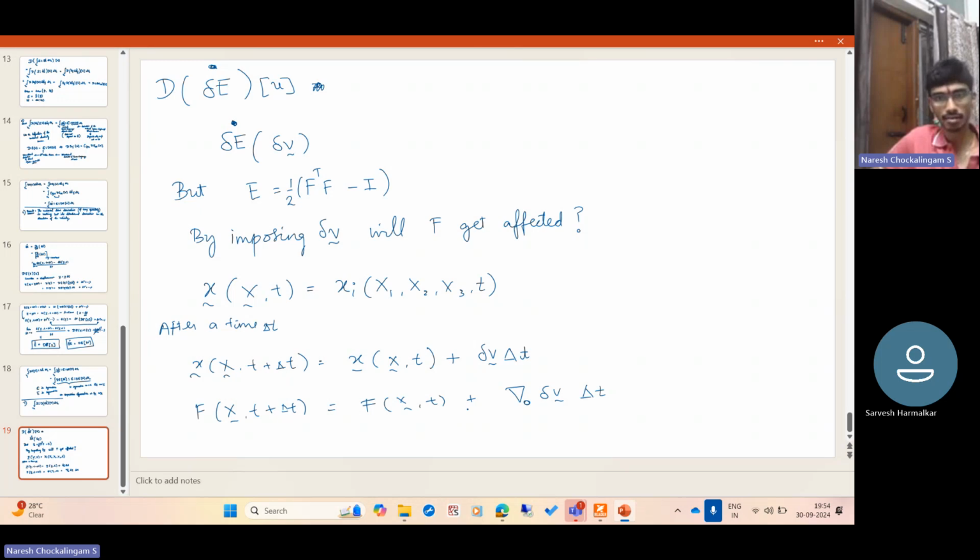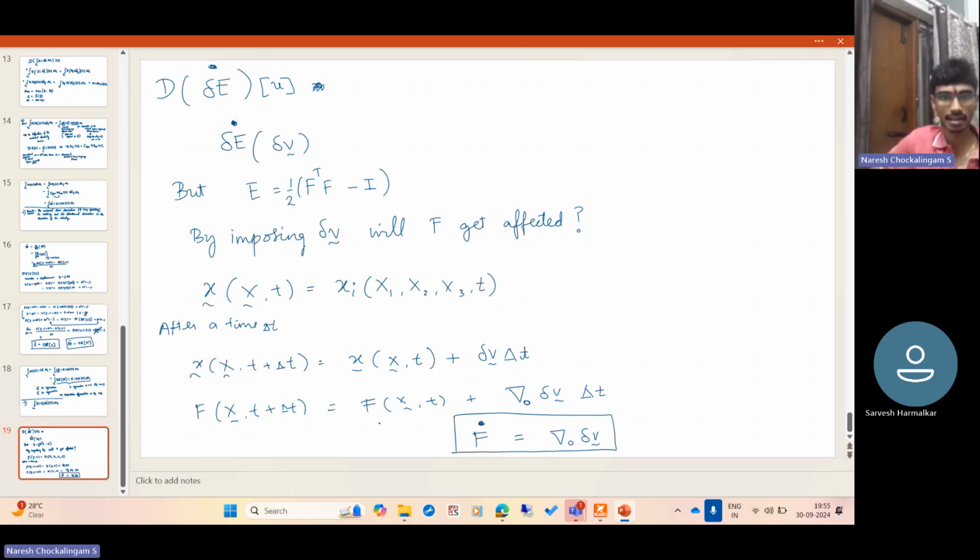Now take this delta t to the other side. So you get F dot. Right, so this is F of t plus delta t minus F of t divided by delta t. Take the limit. This is equal to some gradient of the virtual velocity field.